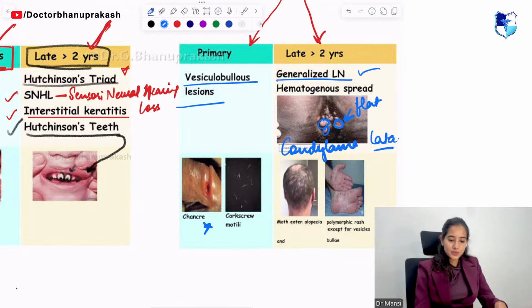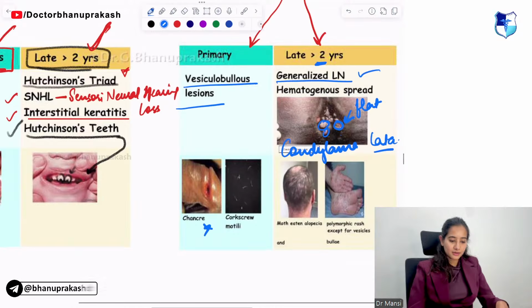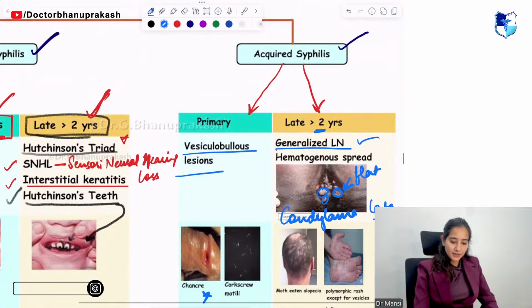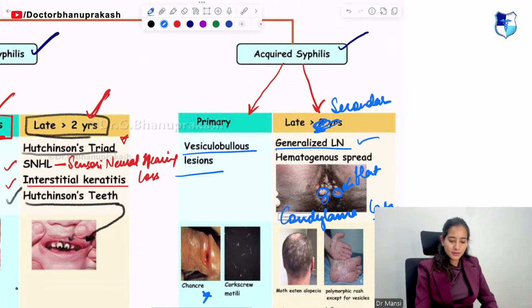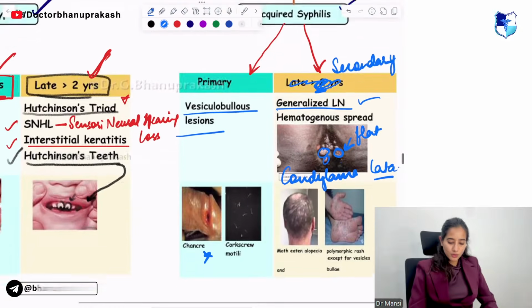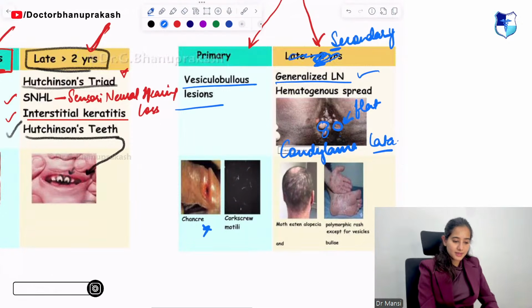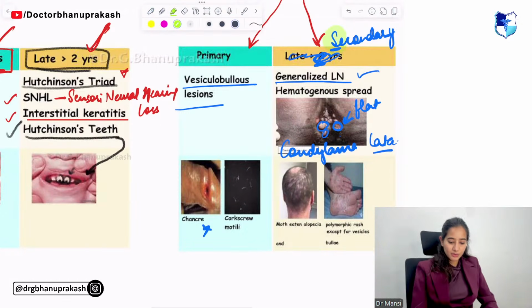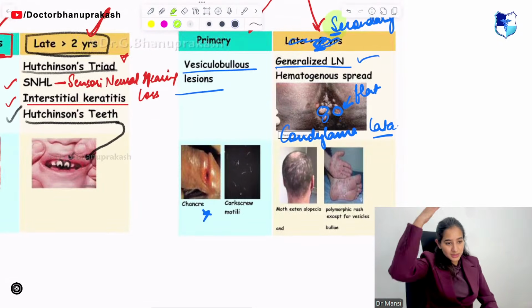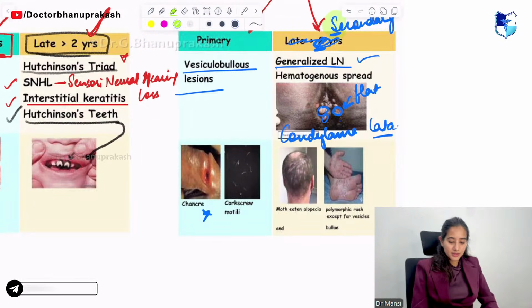This is the secondary one. And in secondary syphilis, what is going to happen? You remember S. With this S, you can remember the scalp: moth-eaten alopecia, as if a moth has eaten parts of the hair, giving you this moth-eaten alopecia kind of finding.